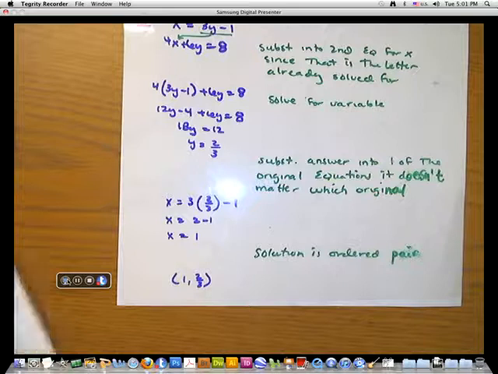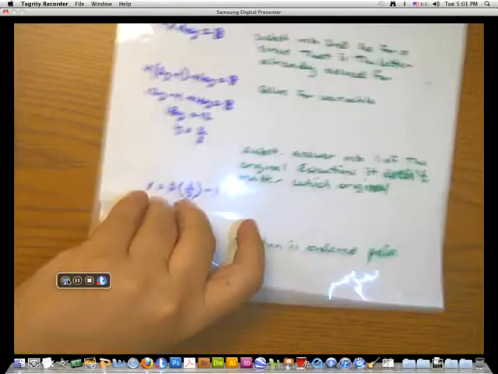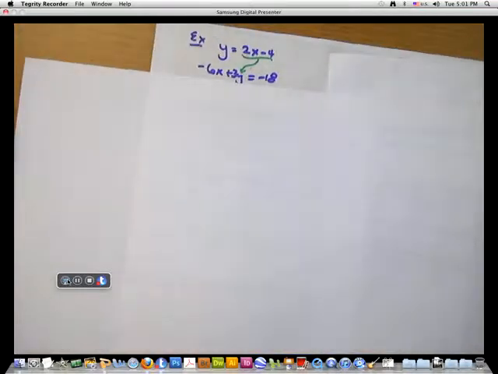Let's look at what happens when that is not the case. Here I have y equals 2x minus 4, and I have negative 6x plus 3y is negative 18. So I want to use the substitution method because y is already solved for.